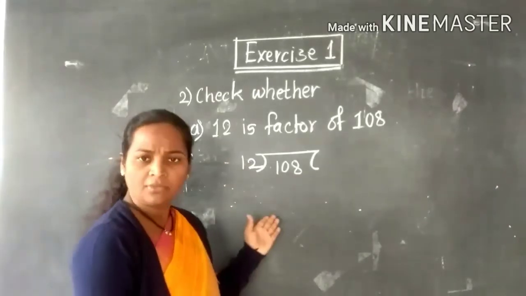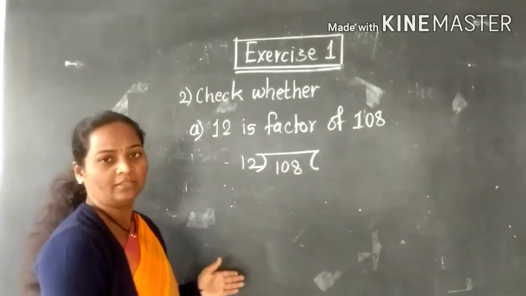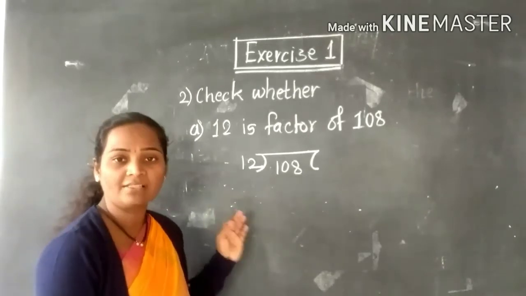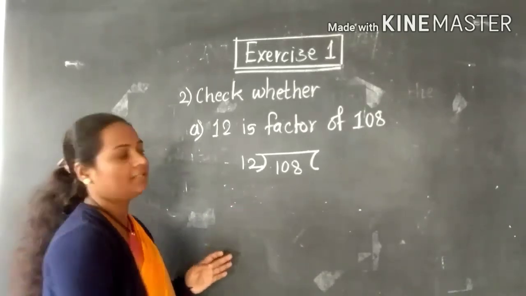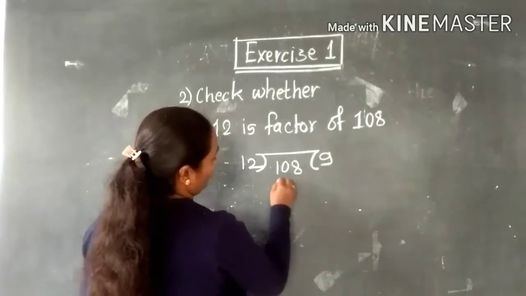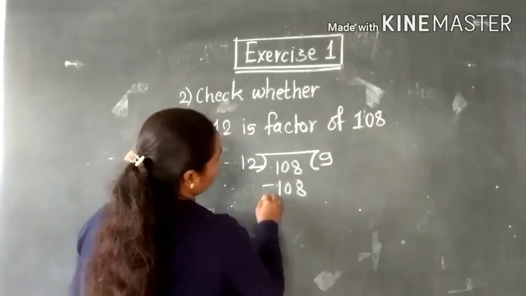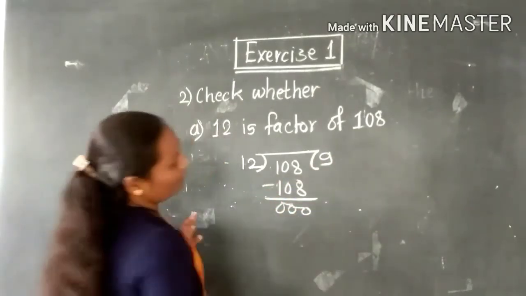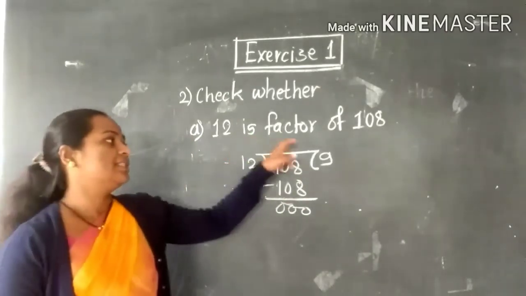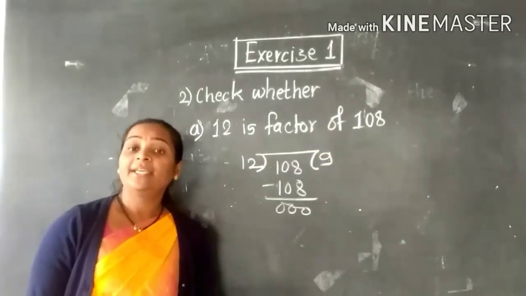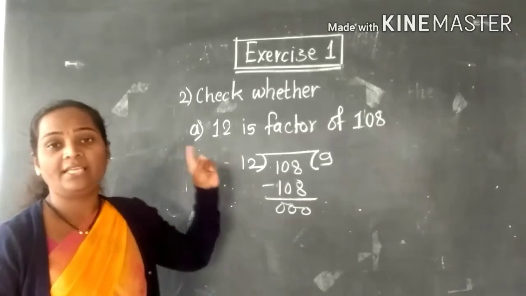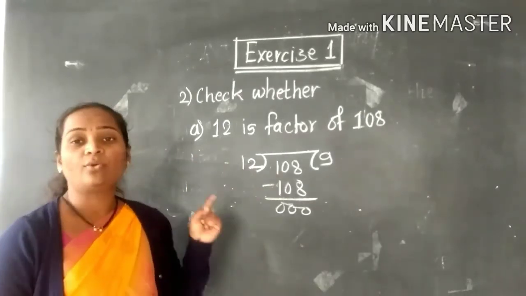Count the table of 12. Is 108 there in that table? Yes, it is there. 12 nines are 108. It is totally divisible by 12. This 12 is a factor of 108.